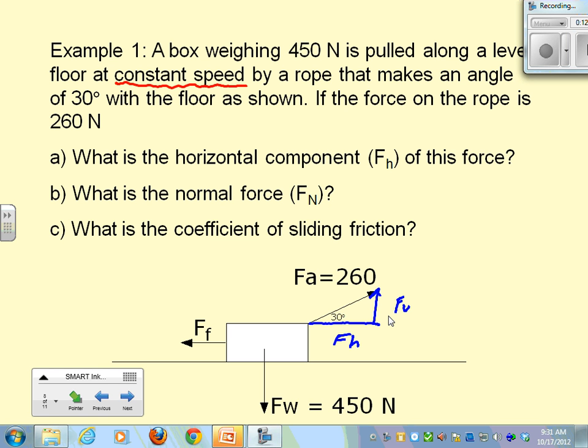Now, if you're trying to slide something heavy, like a big filing cabinet like this, would it help if you could somehow just sort of lift it a little bit? It would make it easier to slide, right? What's really happening there? Well, you've got this vertical component, you're lifting it up, you're actually reducing this 450 newtons of weight force. You're making the force between the filing cabinet and the ground less. And because of the formula, mu equals FF over Fn, right?